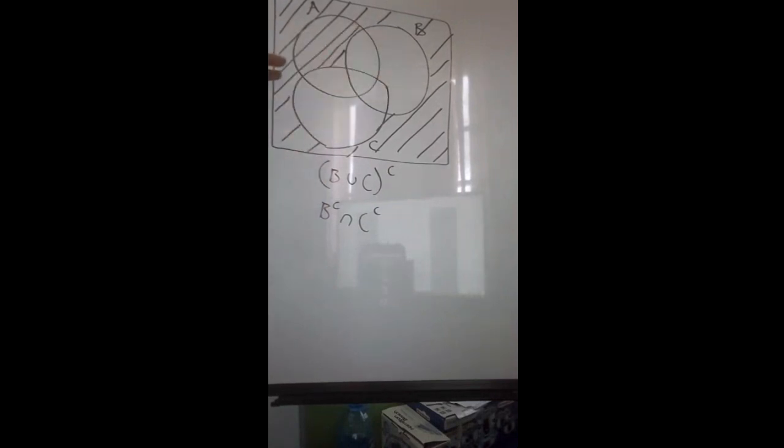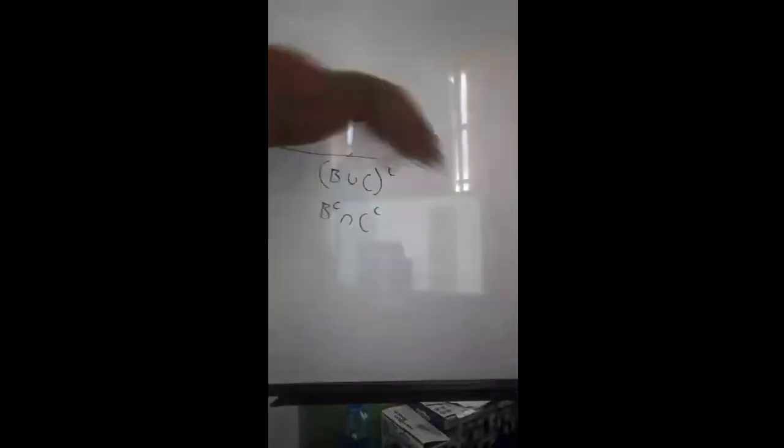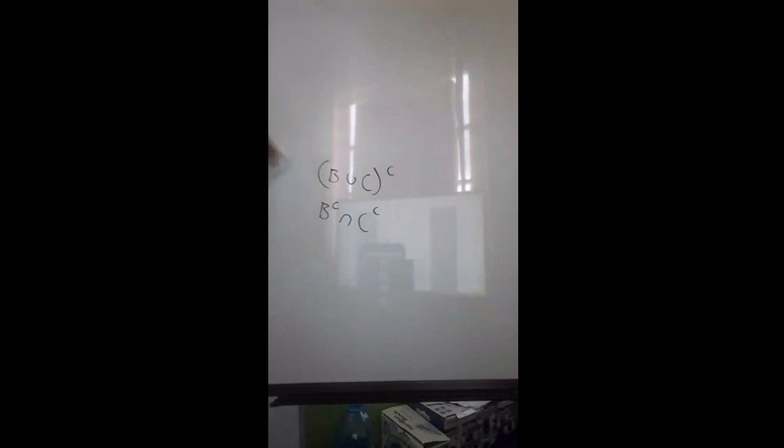So remember what is shaded: everything outside of B and C is shaded. All right. Let me erase that. I'm going to draw it again from scratch, using the second one instead to see if we get the same result.